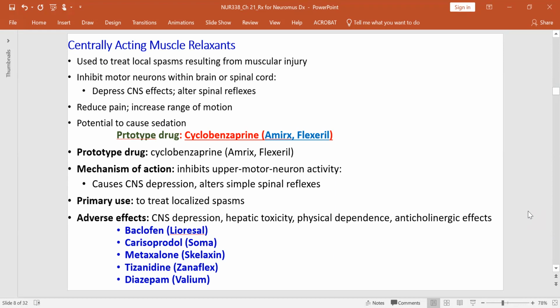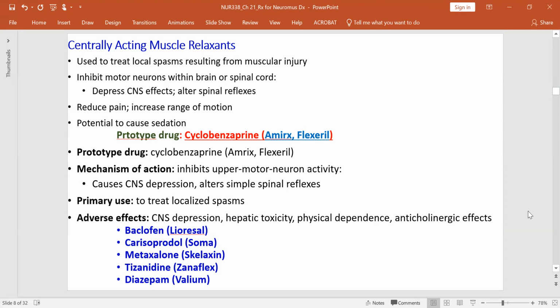It inhibits upper motor neuron activity and leads to depression of the CNS, to treat localized muscle spasms. It can be toxic to the liver, so it may lead to hepatic toxicity, physical dependence, and anticholinergic effects. We're going to cover physical dependence, tolerance, and the concept of addiction in the upcoming lecture, in chapter 22.